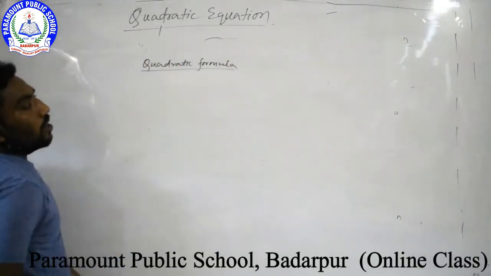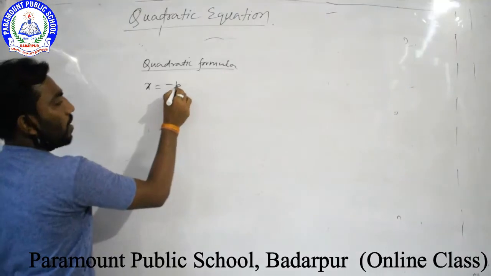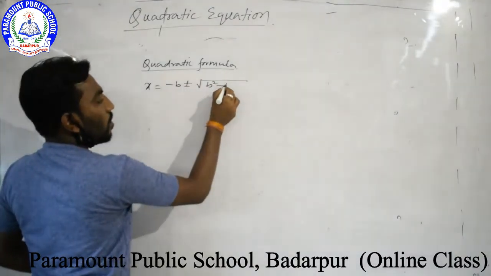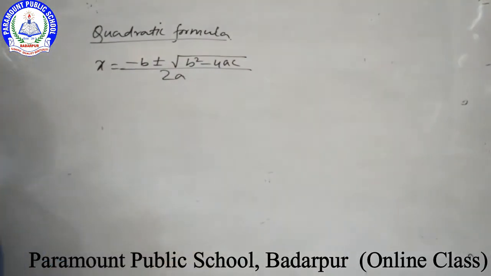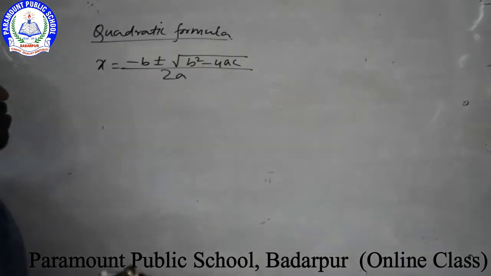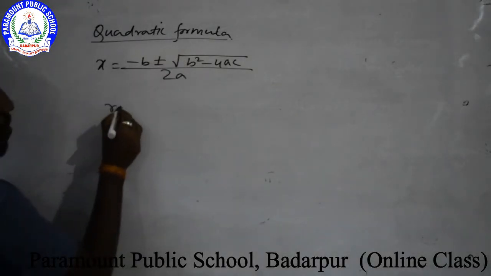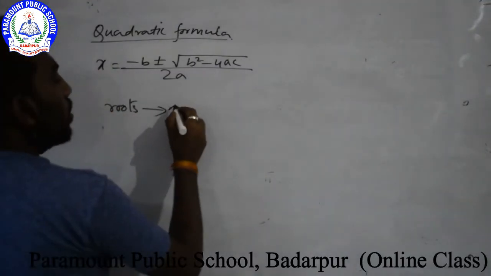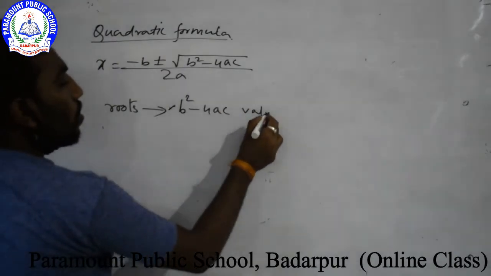Since I have derived quadratic formula earlier, our quadratic formula was x equal to minus b plus minus root over b square minus 4ac by twice a. So whatever solution we are getting, means whatever roots we are getting, it mainly depends on our b square minus 4ac value.